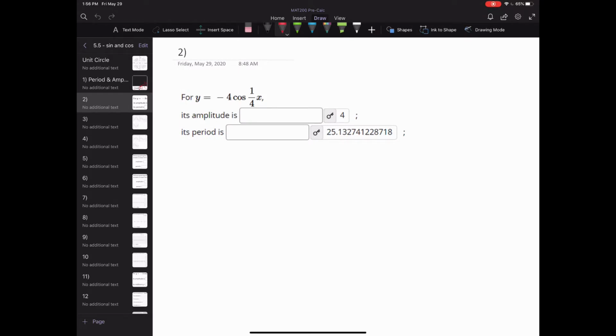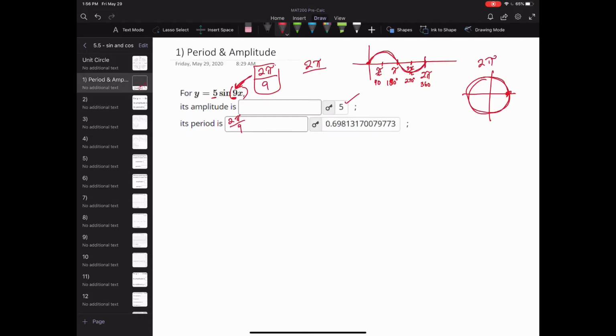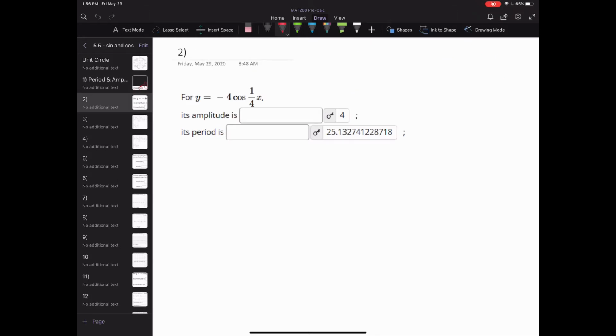Okay, amplitude. So the amplitude is the height of the curve. If I go back to this picture, in this case, I would call that 5, and down here, negative 5, and the height there is 5. That's what the amplitude is. So the same thing here.